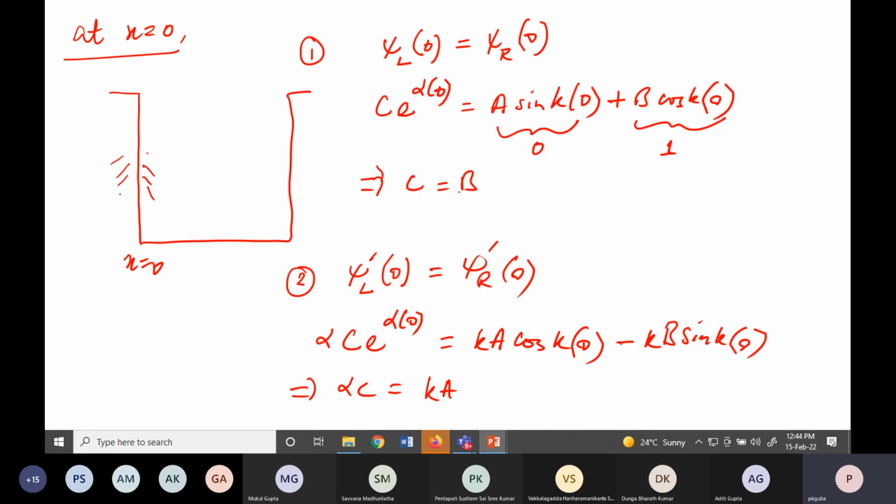What about x equal to L? At x equal to L, using one boundary condition, psi left at x equal to L equals psi right at x equal to L, right? This is the right part of x equal to L, and this is the left part.